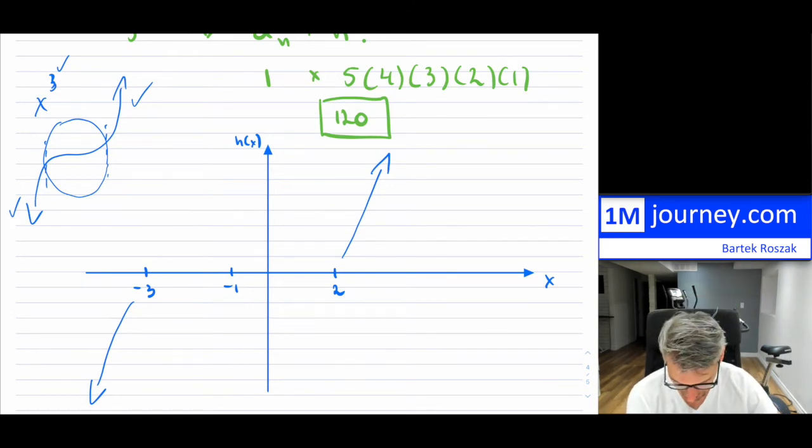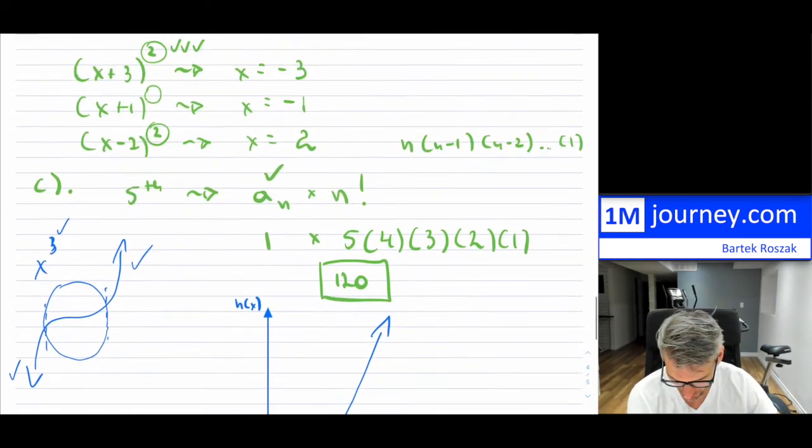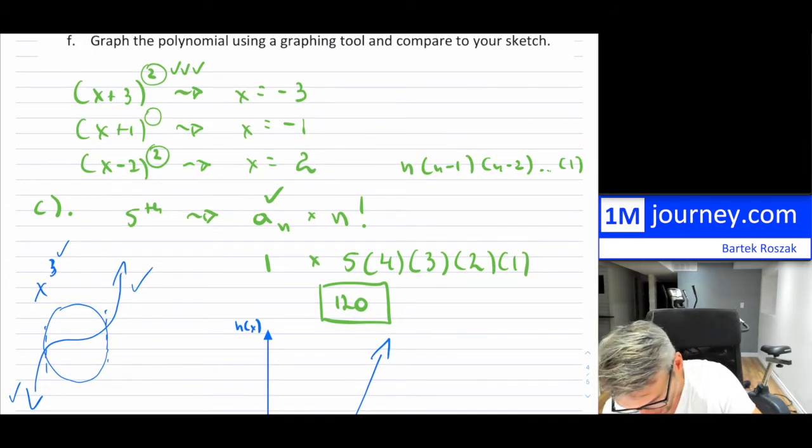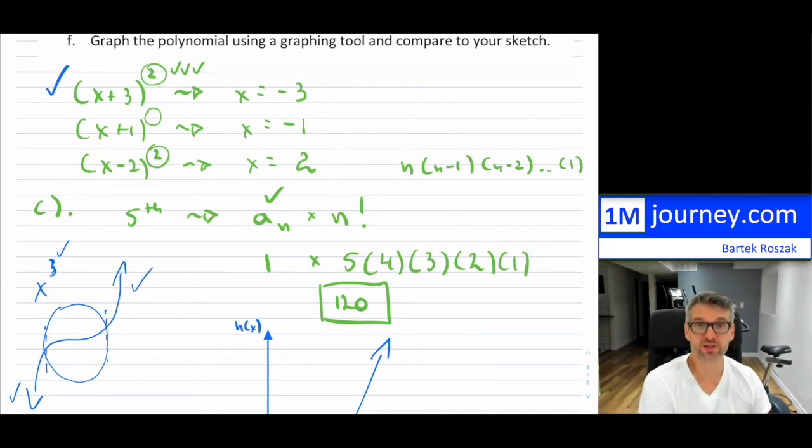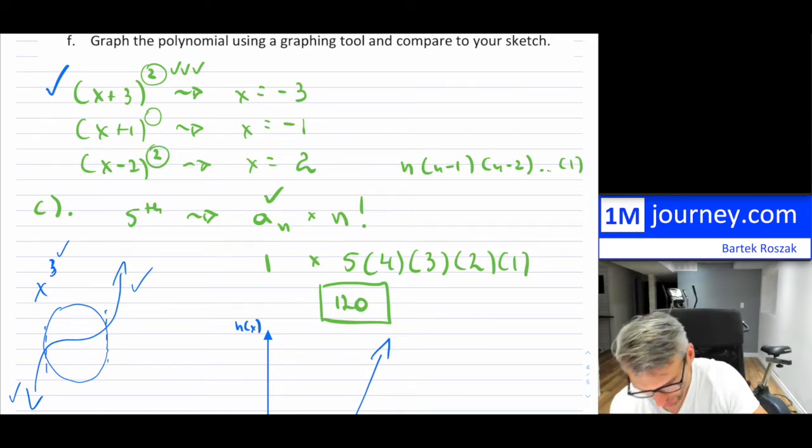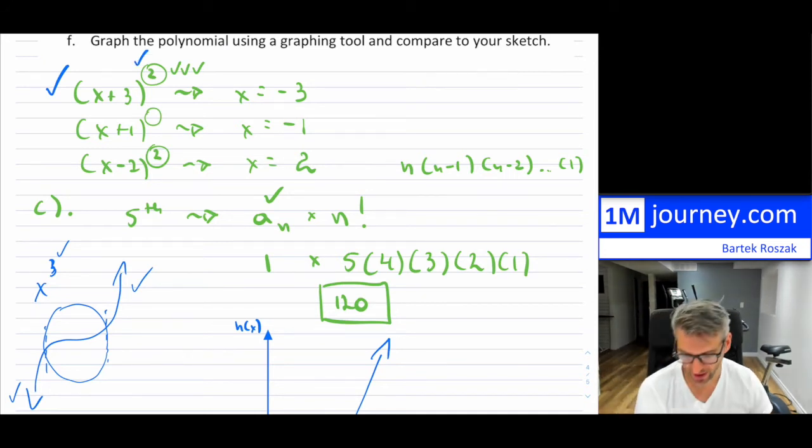Okay, so first of all, the zeros tell us much more than just that it crosses there, because it might touch. Here, if you recall, this zero, x plus 3, is squared.